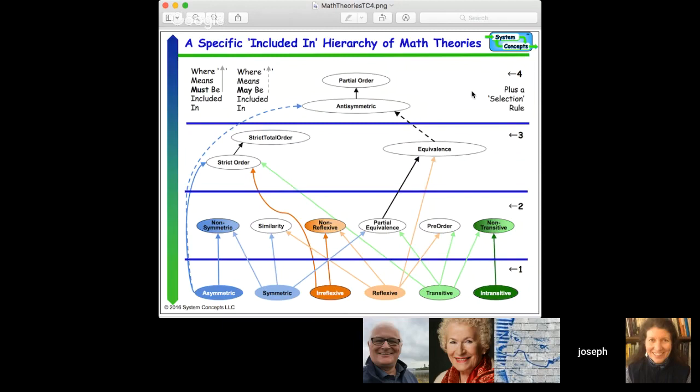So is this your graph or is this from someone? This graph we modified from John Sowa's work, and they were talking in their ontology and their artificial intelligence. They were talking about math theories, right? Right. What was the website that came from? I remember that, but I couldn't find it. Okay, that was Sowa's website, I believe, or one of the lists.